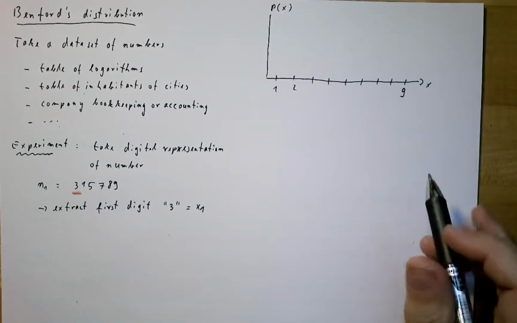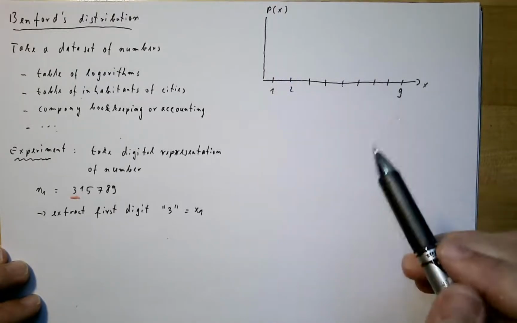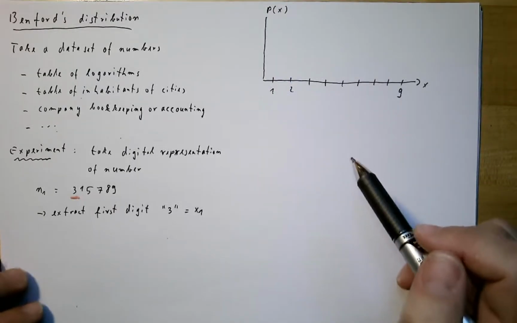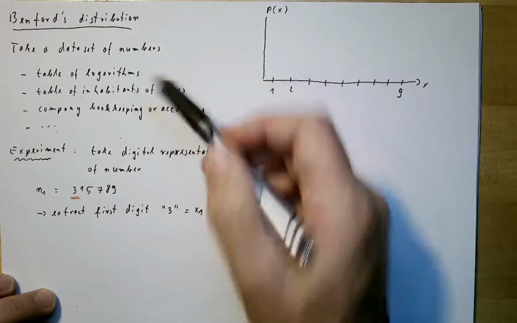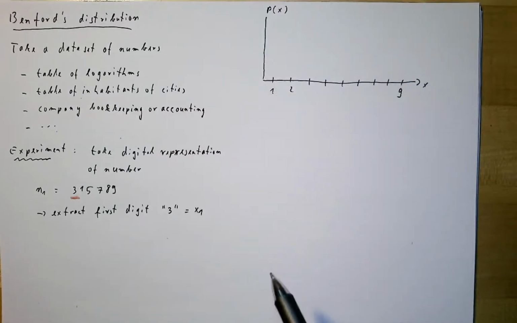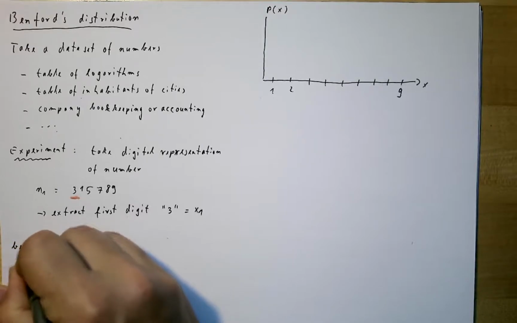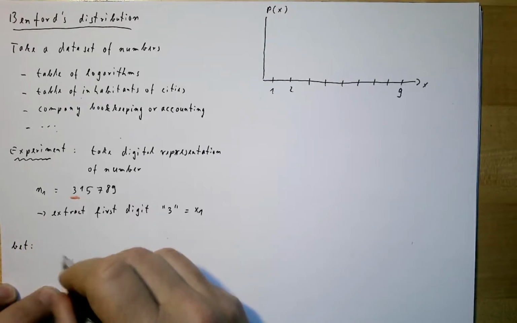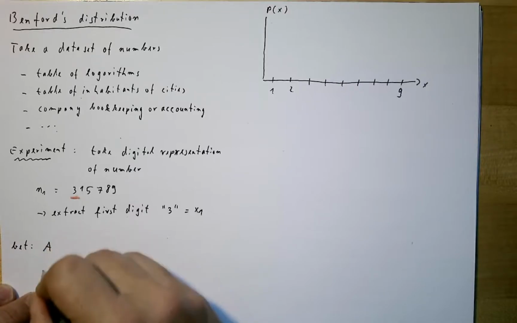Now the question: how does the distribution of these first digits of random numbers look like? Maybe the first idea is, since we don't know anything about these numbers, we would assume it's a uniform distribution. But now I make a bet. We make two complementary events.